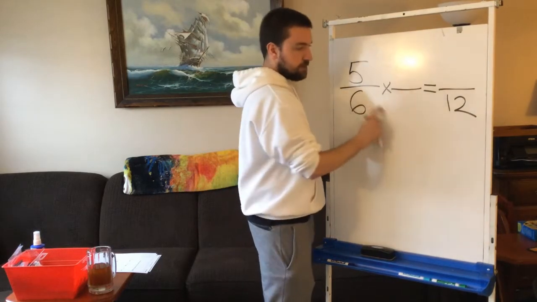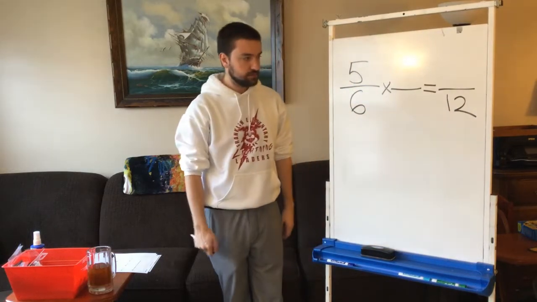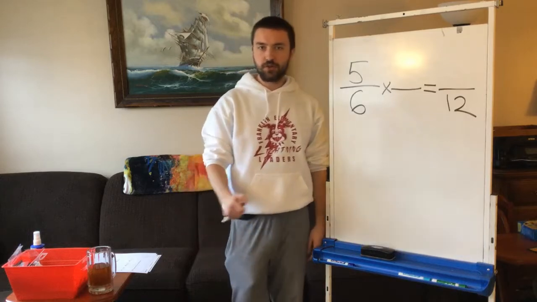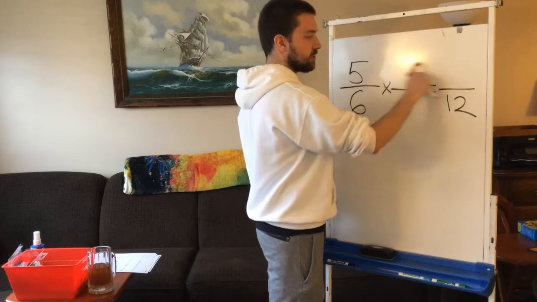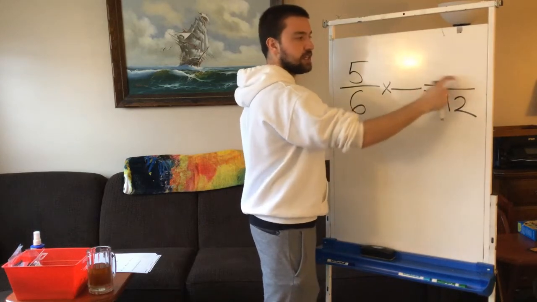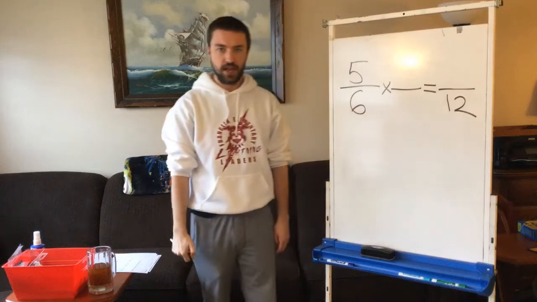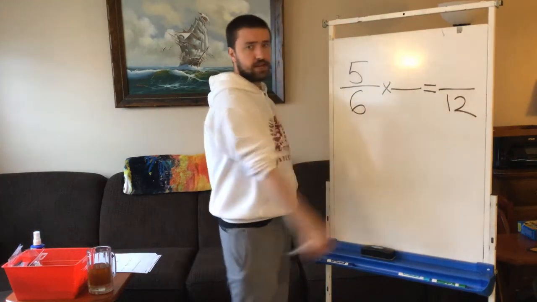I'm multiplying it by something to make it into 12ths. Well, let's think here. I know my rule is whatever I do to one digit, I have to do to the other. And I can't figure out, I can guess a million things with my top digit, but there's nothing here. So let's start with my bottom digit, my denominator. Let's see if we can figure out what number is going to fill in this blank.